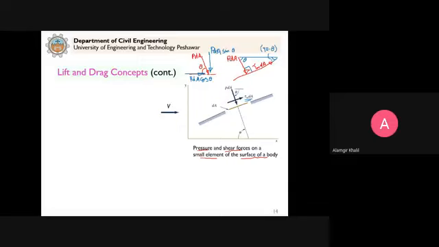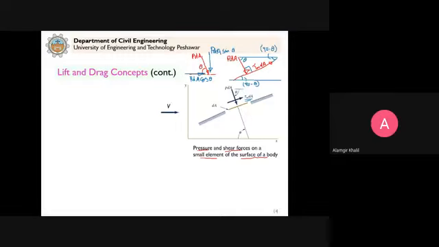So when this is 90 minus theta, if I draw again a horizontal line here, this angle and this angle will be the same. This angle will also be 90 minus theta, because these are alternate angles. Clear?